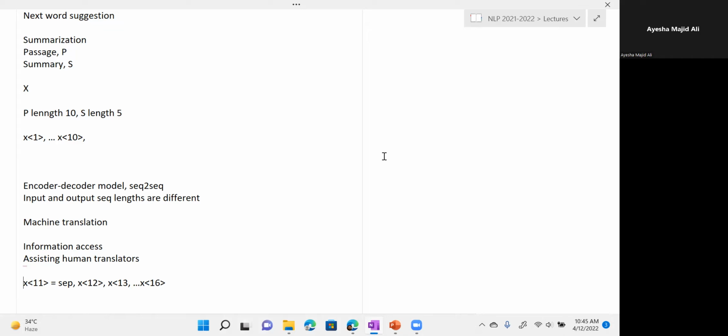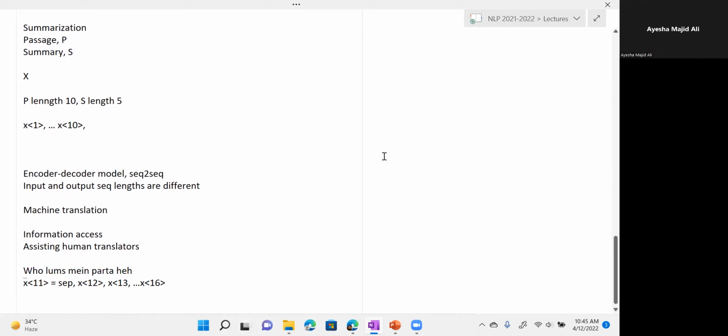So let's say we have a couple of languages. Let's say Urdu and English, for example. So let's say I write a sentence, for example. So this is in Urdu.